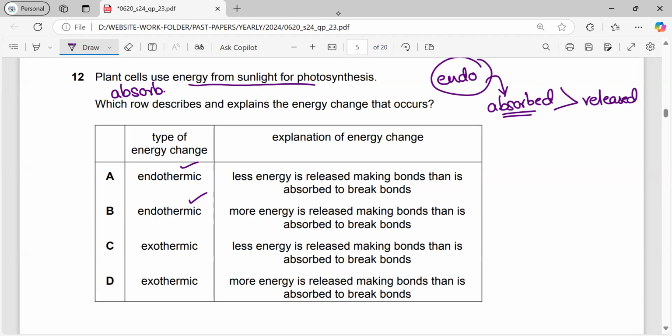Here, less energy is released making the bonds than energy absorbed. So energy absorbed is more and energy released is less. So this makes option A correct.